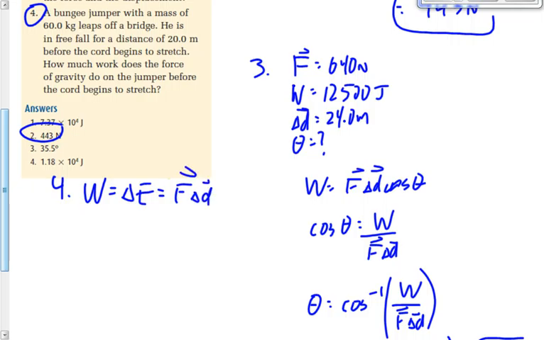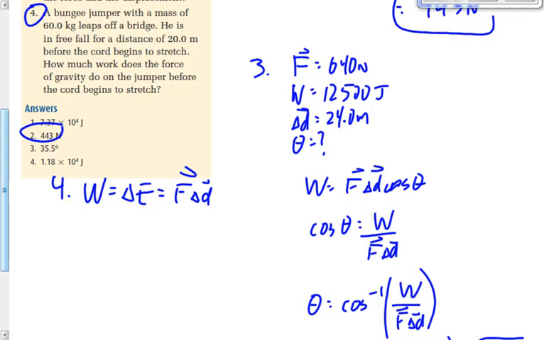Why did I drop the cos theta there? Why is that not important in this question? Which way is he moving? Which way is he moving as he falls? Downward. Good. What force is causing him to move downwards?